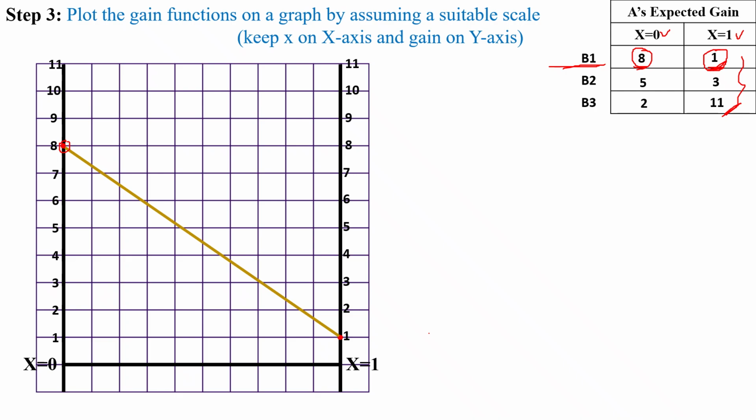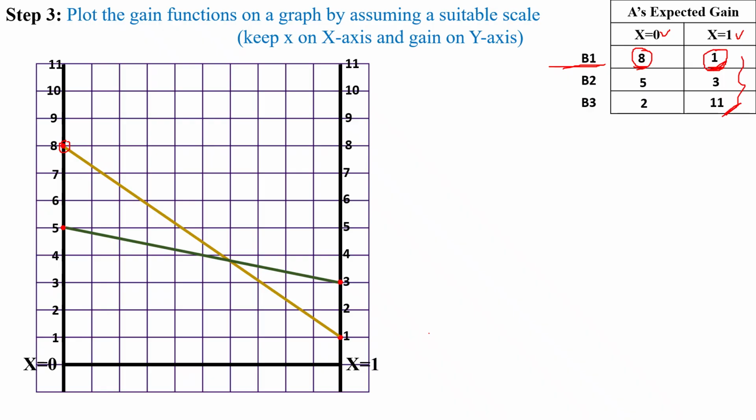Similarly, next we have to locate 5 and 3 for the B2 strategy. When x equal to 0, locate the 5, and when x equal to 1, locate the point 3. Joining these 2 points gives the line for the B2 strategy.